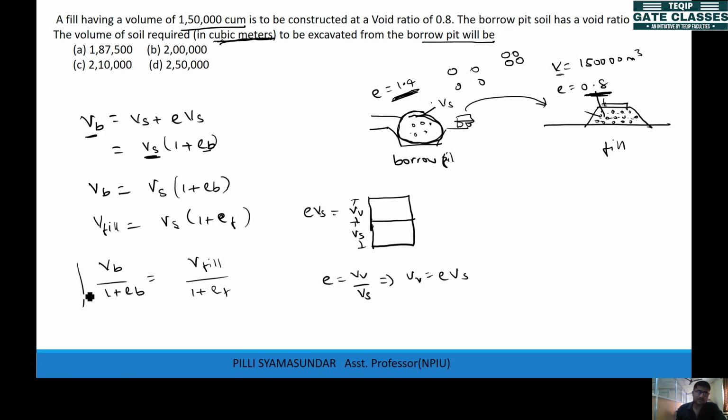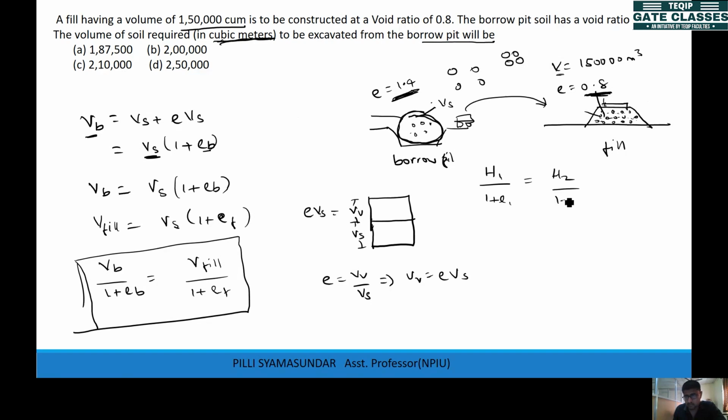See, this is the relation generally you use most of the times. So the volume to void ratio relation is this much. Even heights to void ratio will also be the same. H1 by (1 plus e1) equals H2 by (1 plus e2), unless you are adding or removing some of the soil from the existing soil.